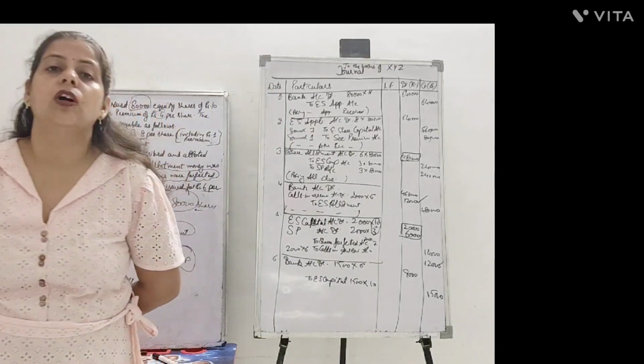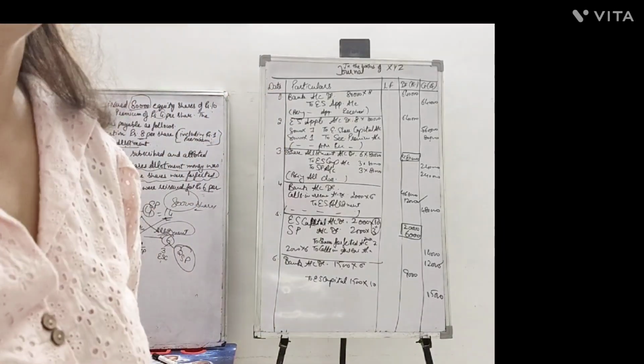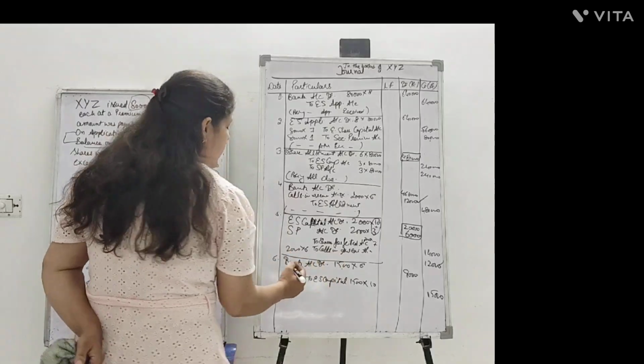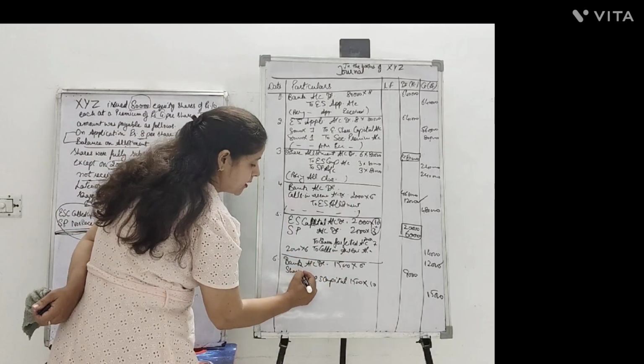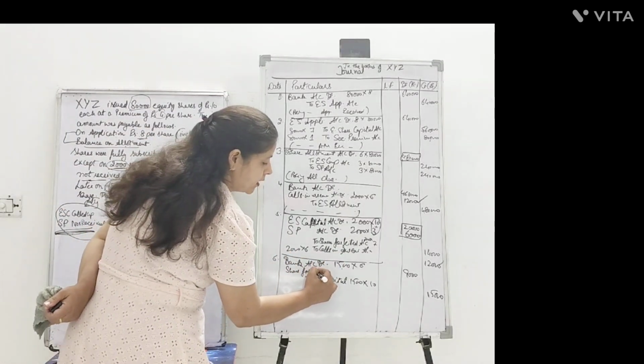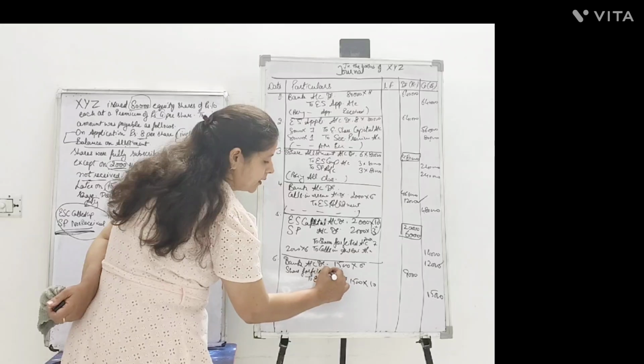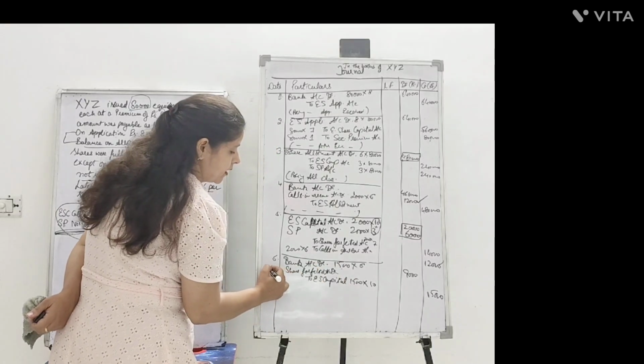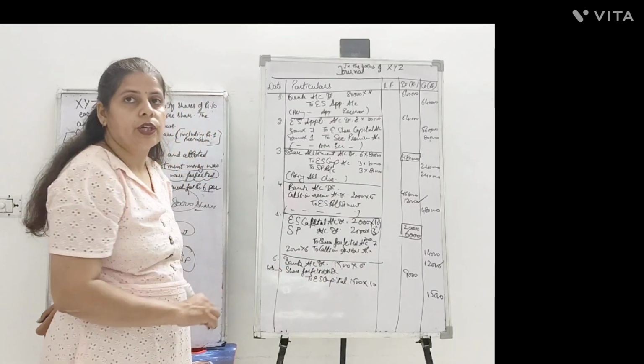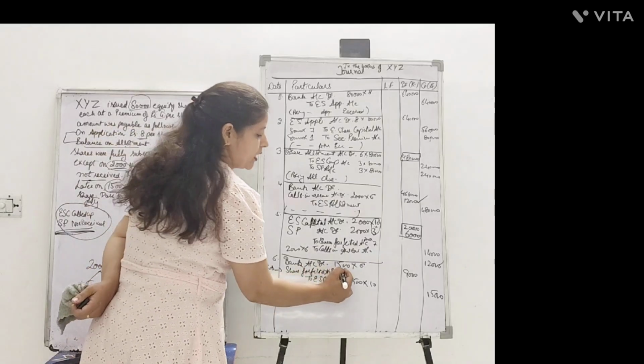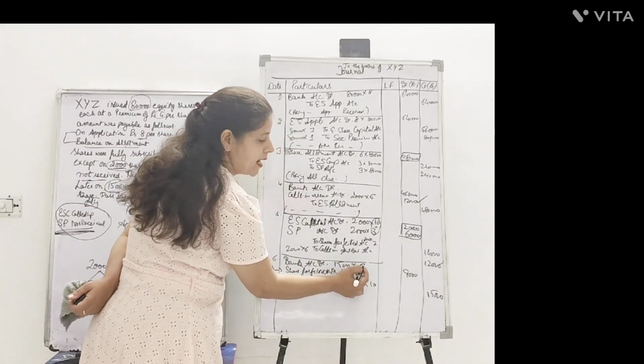So what is the loss on the reissue? The loss on the reissue of 1500 shares is debited to the shares forfeited account, because the loss is to be debited here on reissue to the share forfeited account. On 1500 shares, 10 minus 6.